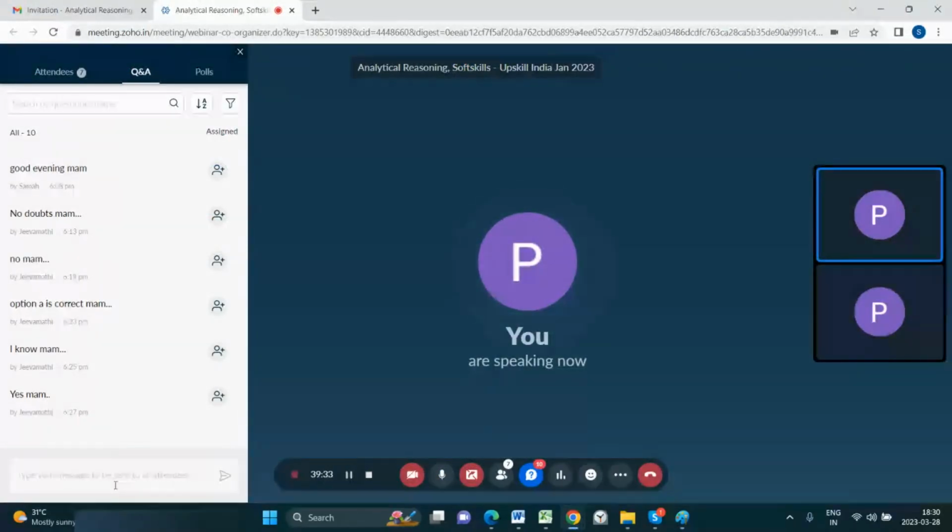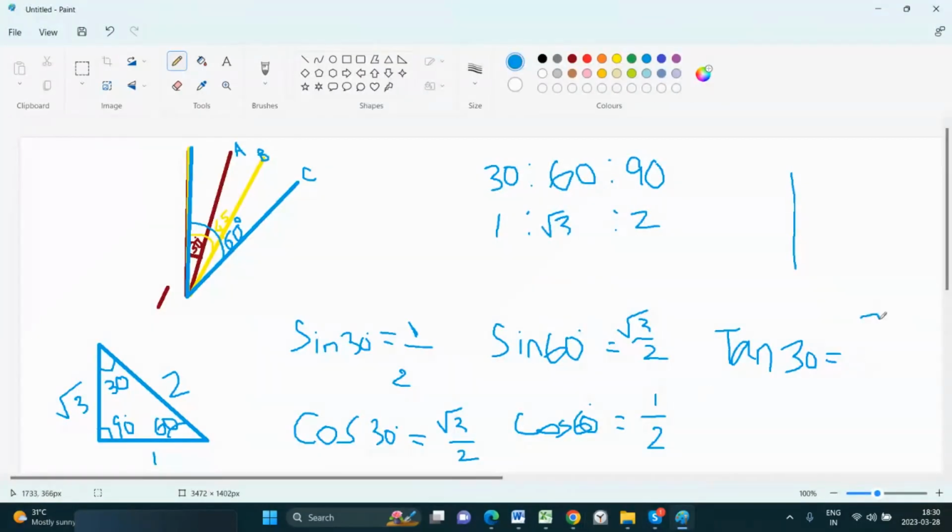What is tan theta? Tan theta உடைய இது என்ன formula? Tan theta is sin 30 by cos 30.